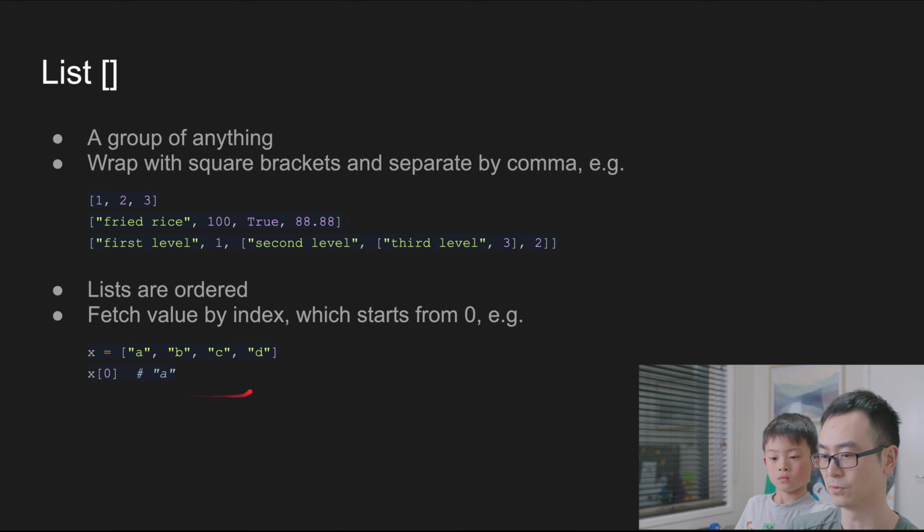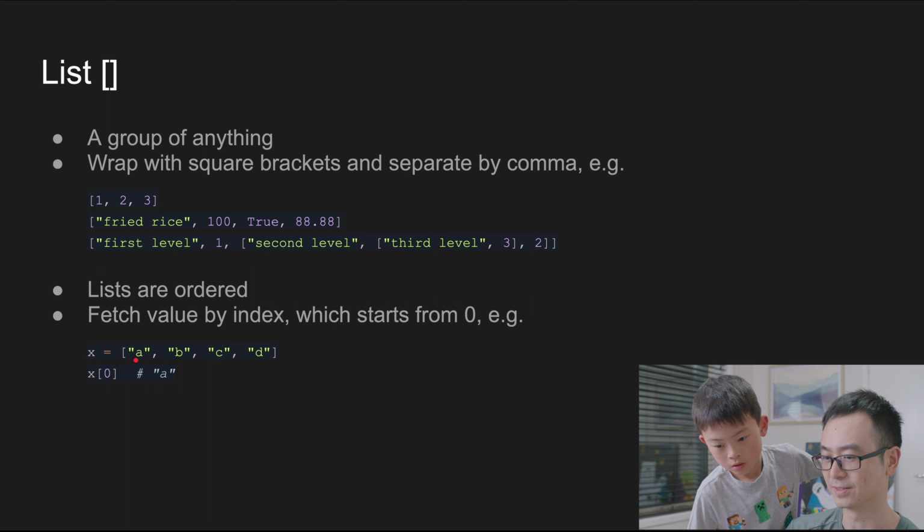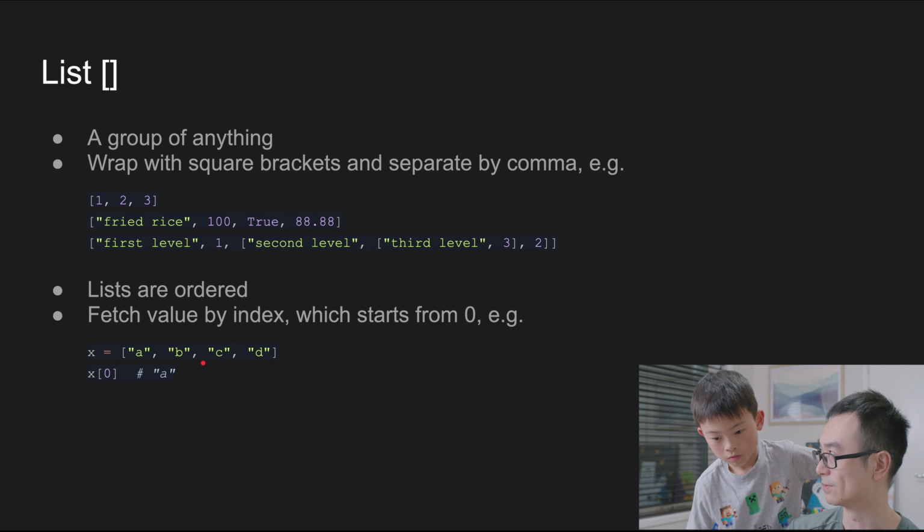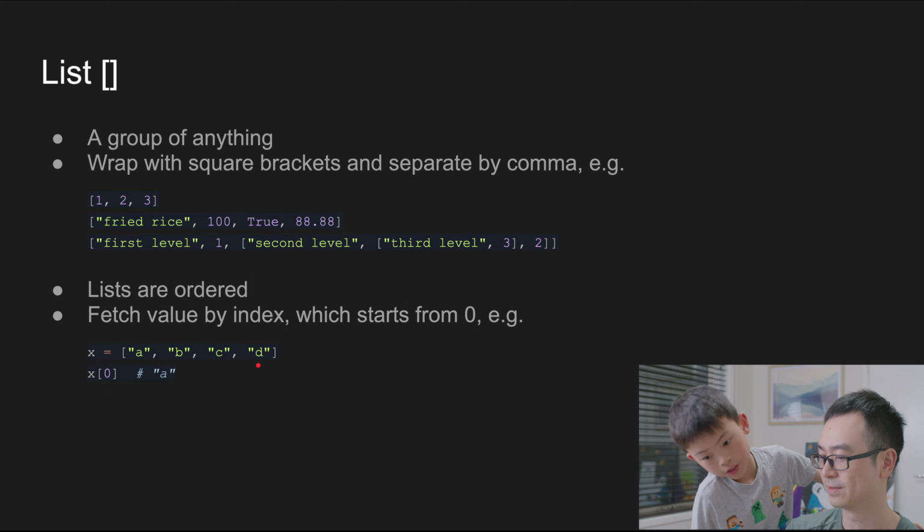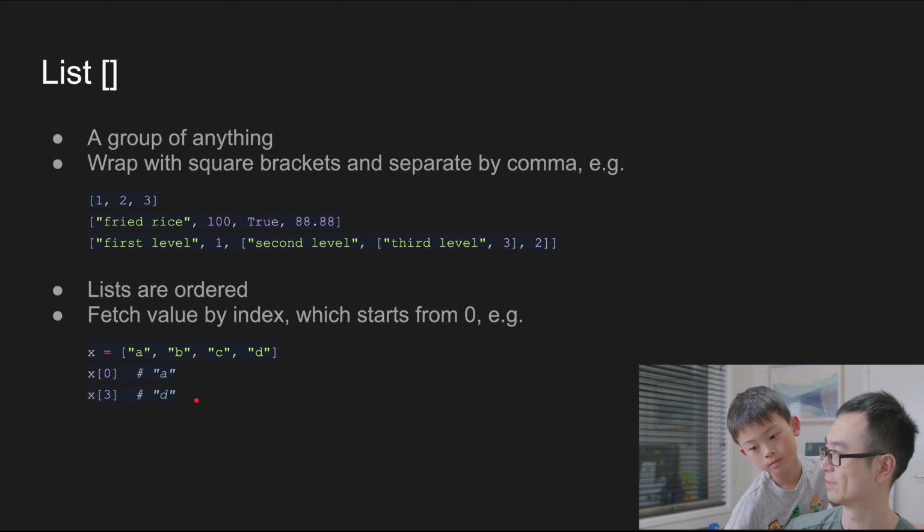So if we want to get the D, how do we write this? It's going to go like 4 items maybe. We start with 0. X is 0, 1, 2, 3. X[3]. Okay.